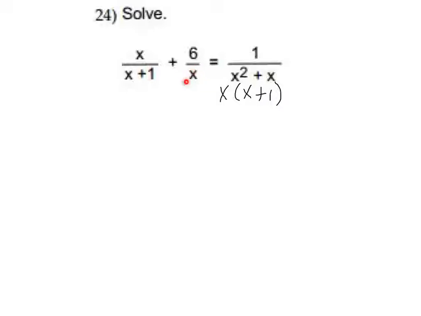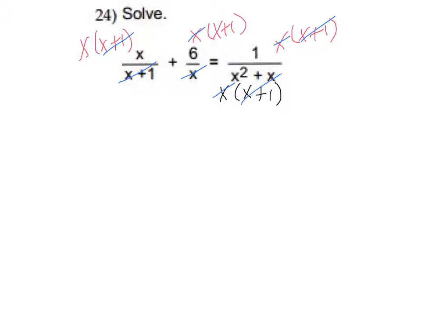Do not be surprised that it's the same as the other ones. So it means that our LCD is x plus 1. We multiply every term on both sides by this and see what happens. Reduce, reduce, reduce. All fractions are gone.